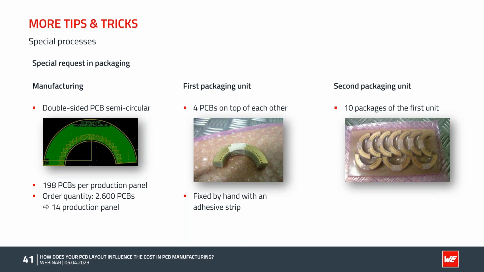Here the customer asked us, please use this base carton. The size of this base carton was exactly specified due to his handling. And please place all those packages from the first unit in that format onto the second packaging unit. So quite some demands here.